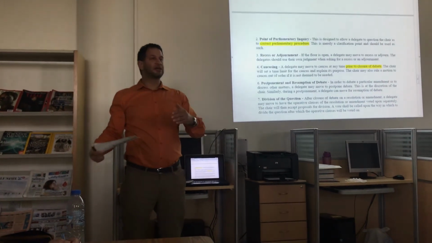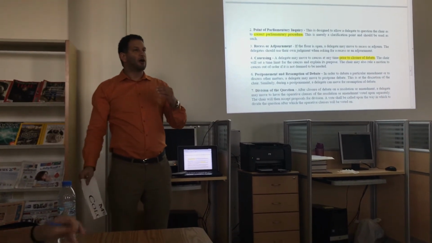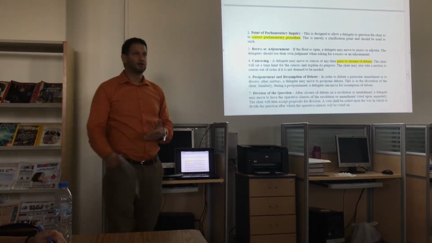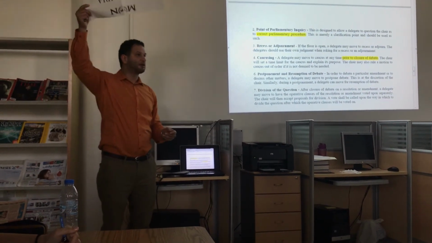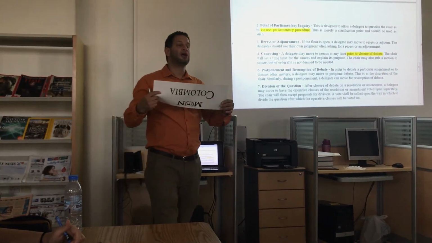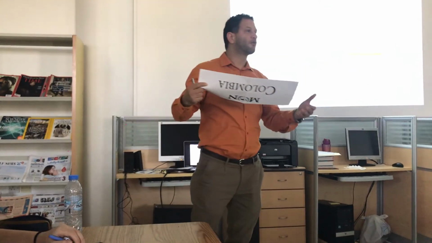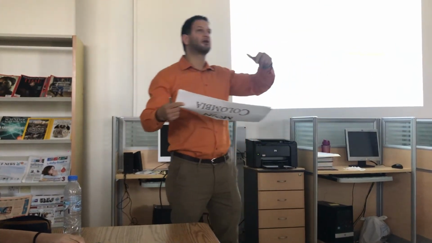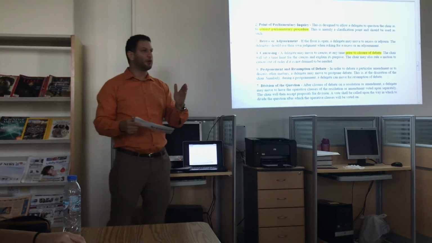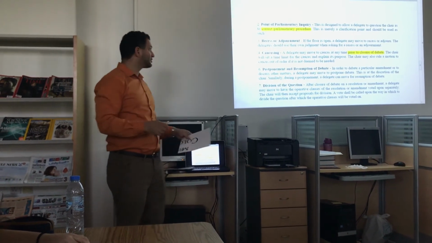For example, last year it happened when the chair passed something without making it subject to voting. Another delegate raised the black card, and when he was approached, he said, point of parliamentary inquiry. Do we have to go for the voting process first? Then the chair had to correct the mistake. And this is a credit for you, because it means that you know the rules and regulations very well.